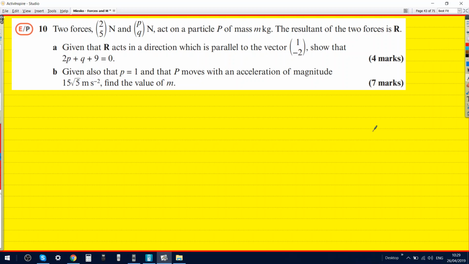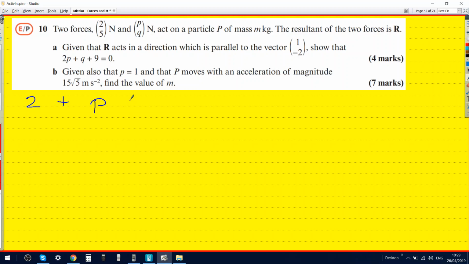Okay. So we've got pi plus qj plus 2i plus 5j equals k brackets i minus 2j. Yeah. And they don't have i or j, so you could just skip straight to the 2 plus p.